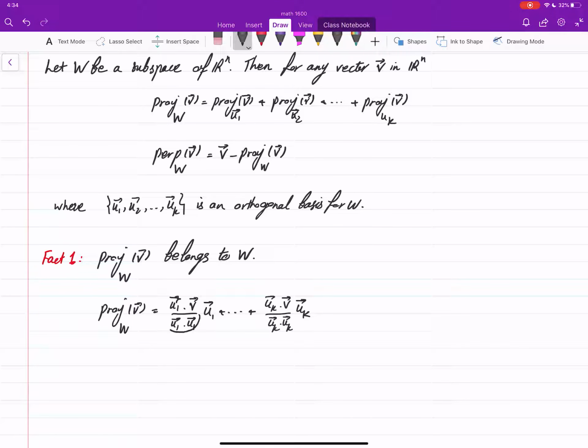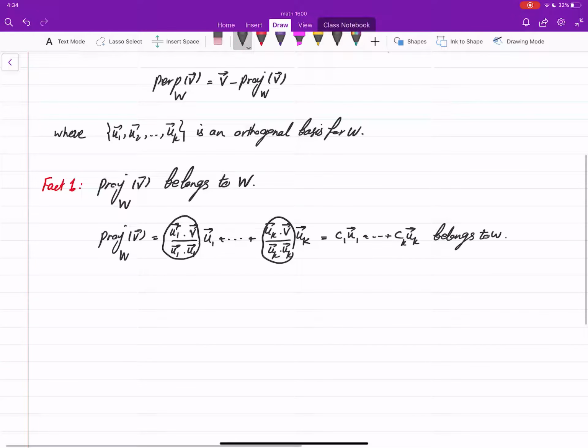These coefficients are scalars, yes? So what we showed is that the projection of V onto W is a linear combination of U1 up to UK. And any linear combination of U1 to UK belongs to W, because U1 to UK is a basis for W. Okay, that's the first thing.